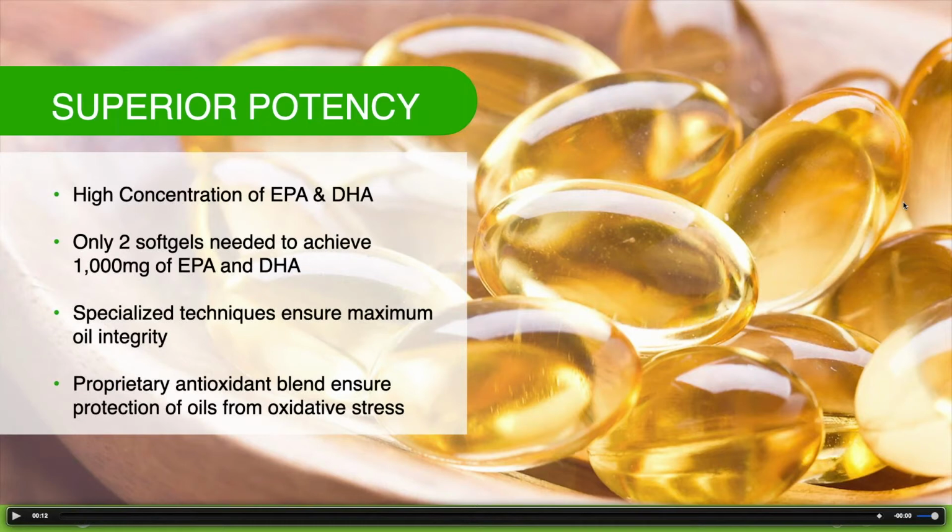And so we take a lot of time, detail, and effort into those surrounding antioxidants that are in the product, the vitamin E, the vitamin C, the rosemary. But not only do we have EPA and DHA from an omega-3 standpoint, we have other omega-3s, one in particular called DPA.